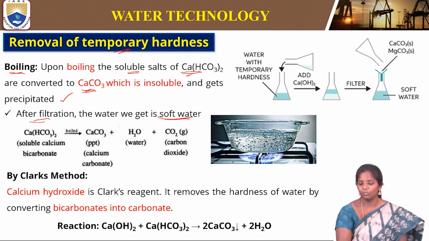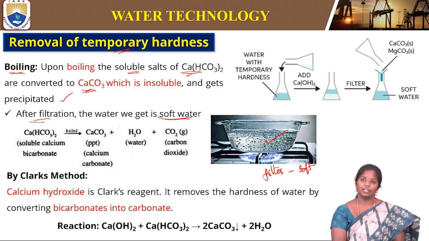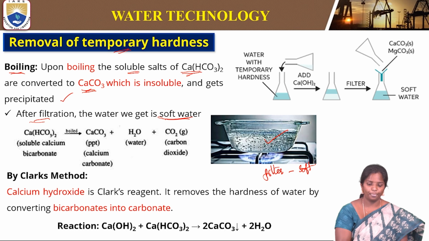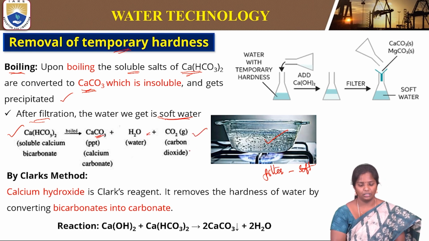After boiling, if we filter this water, it will be soft, and all the calcium salts will be lost as a precipitate. This is kept in the form of an equation: bicarbonate is converted to calcium carbonate and water, evolving carbon dioxide.